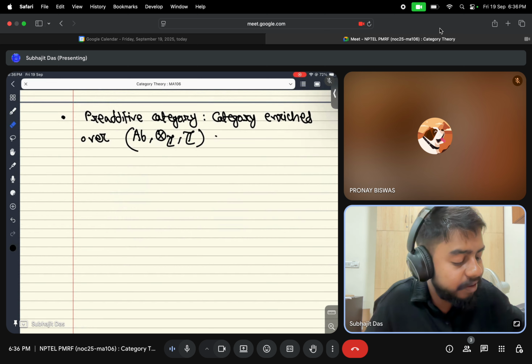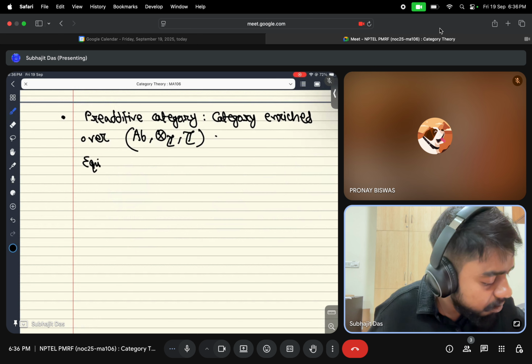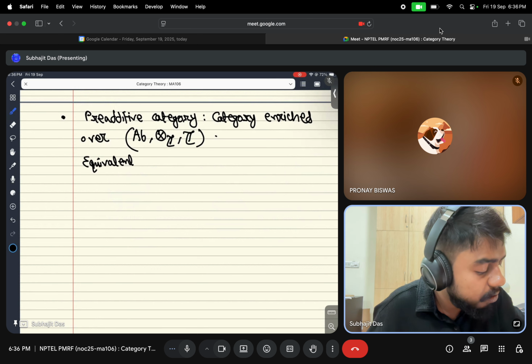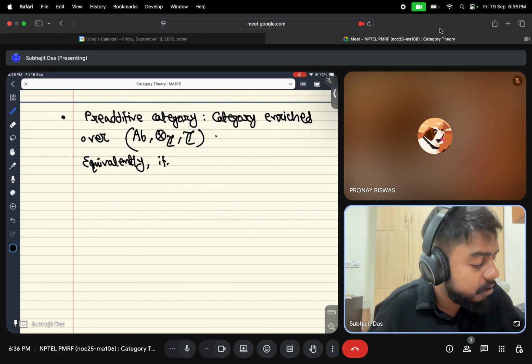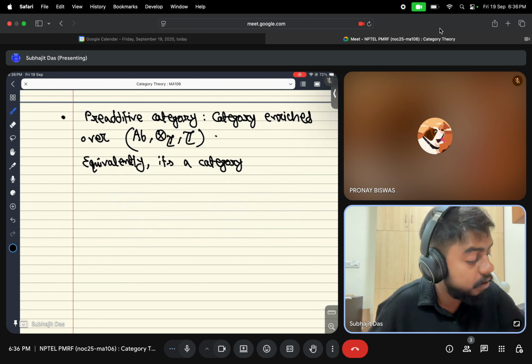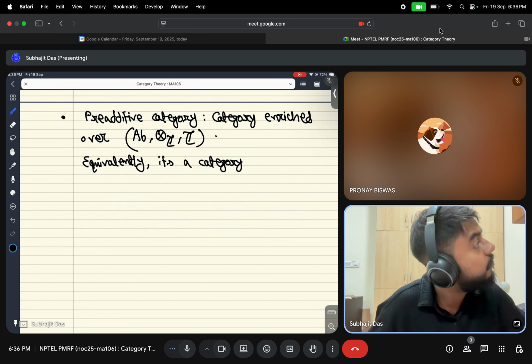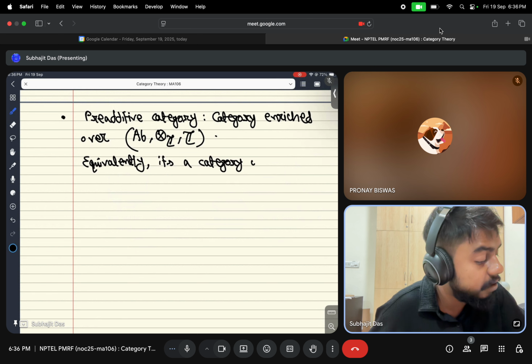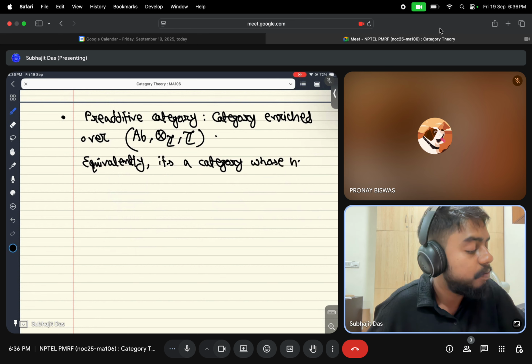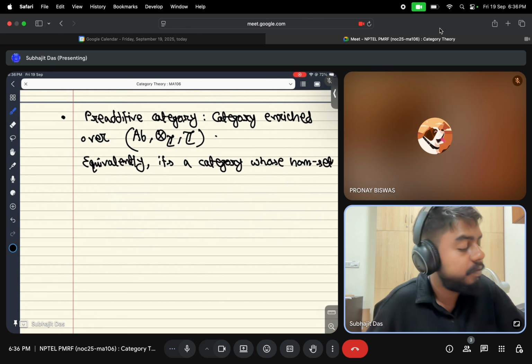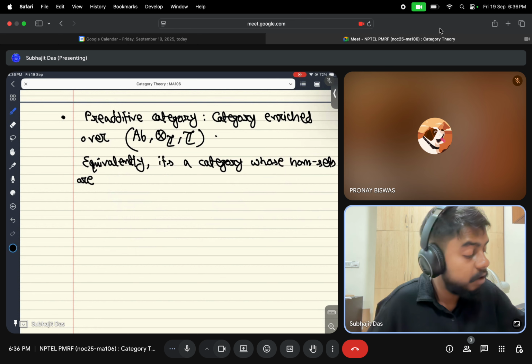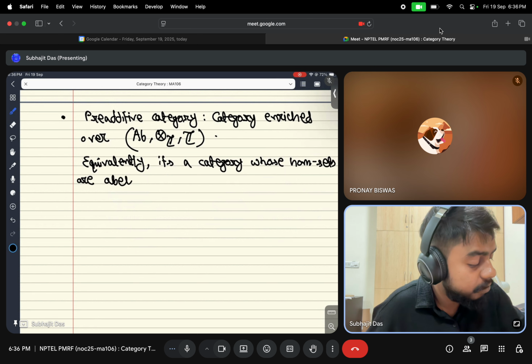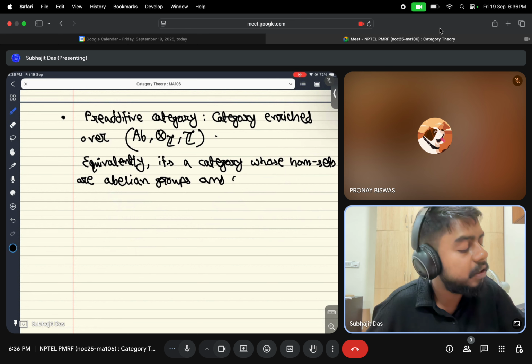So we can also write equivalently, it's a category with whose Hom sets are abelian groups and composition is bilinear.